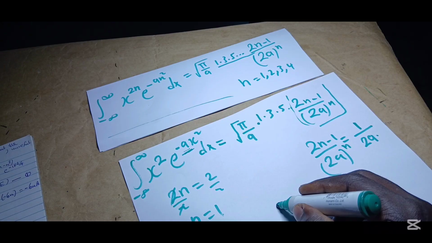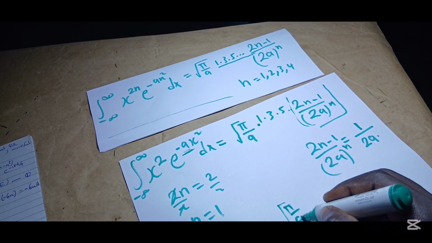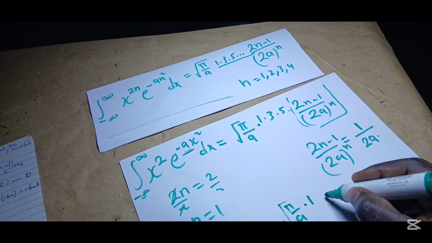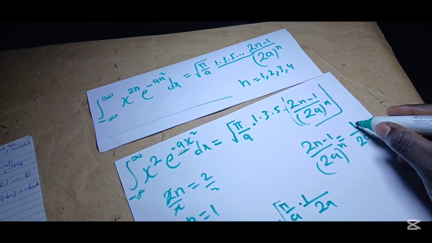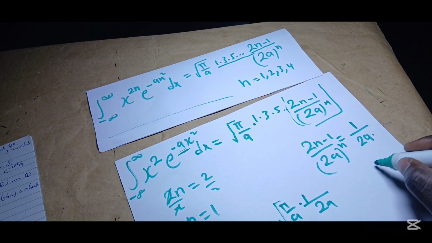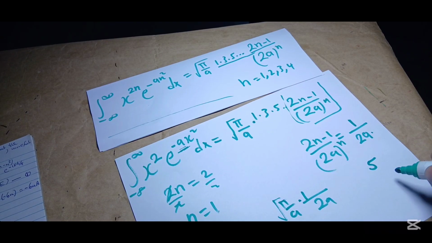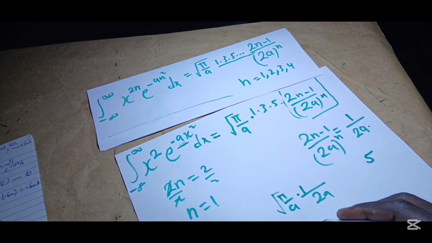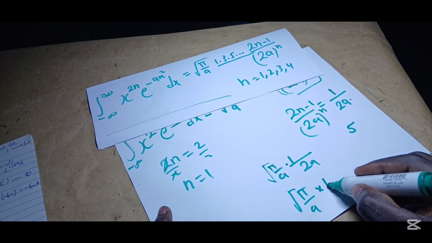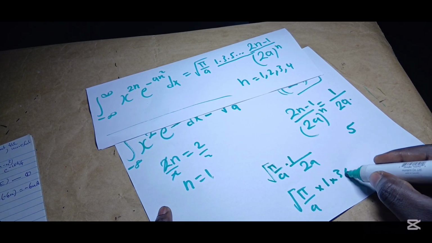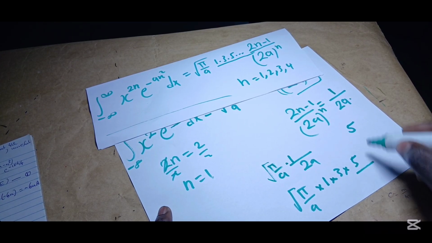So this is going to give us square root of pi over a multiplied by 1 over 2a. If, let's say, the value of 2n minus 1 gives us 5, then we have to multiply square root of pi over a by 1 by 3 by 5, then over 2a.